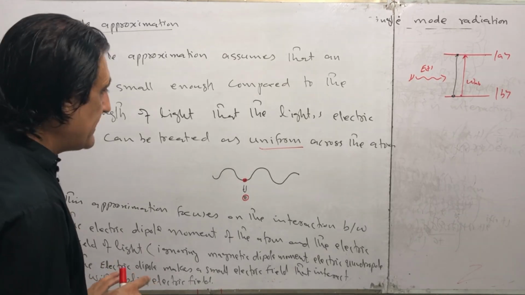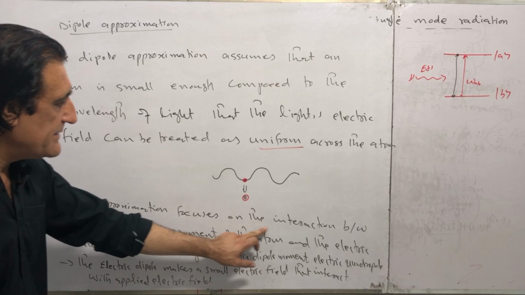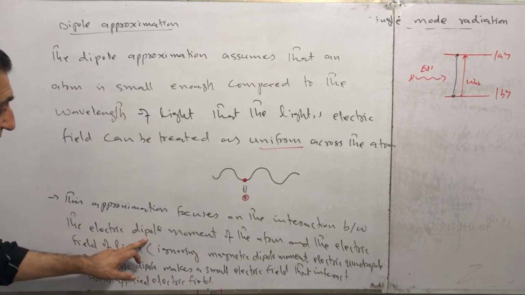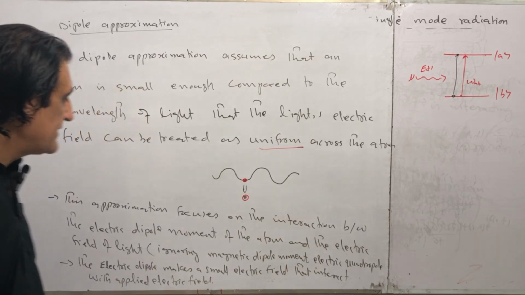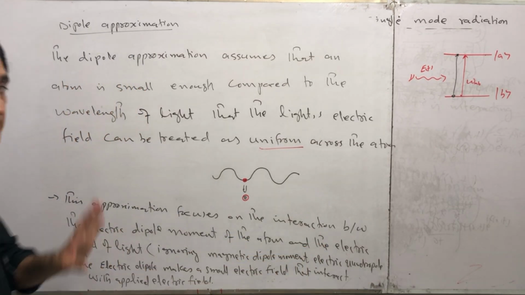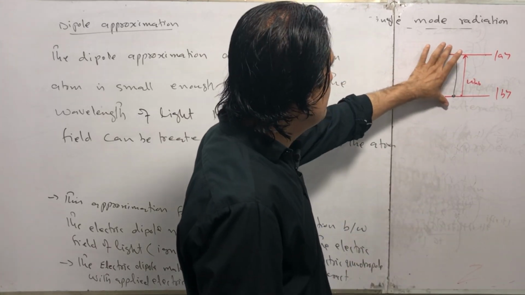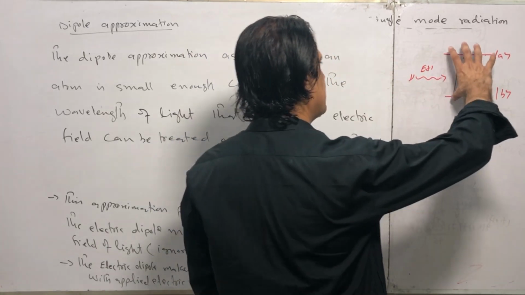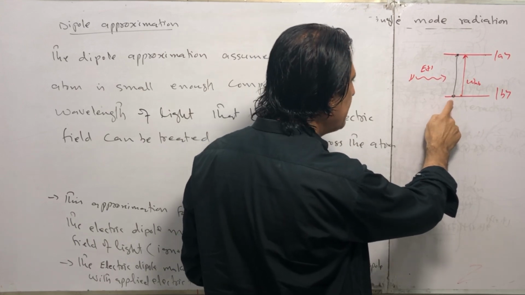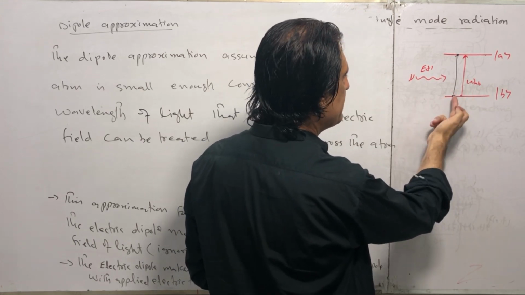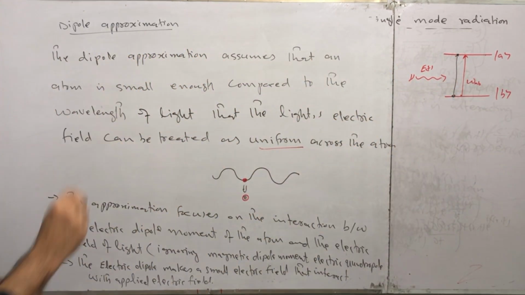Another important point is that this approximation focuses on the interaction between the electric dipole moment of the atom and the electric field of light. This is a very important point, because if you see here, this is the energy level of the atom, and this can generate some electric dipole, a small electric field.